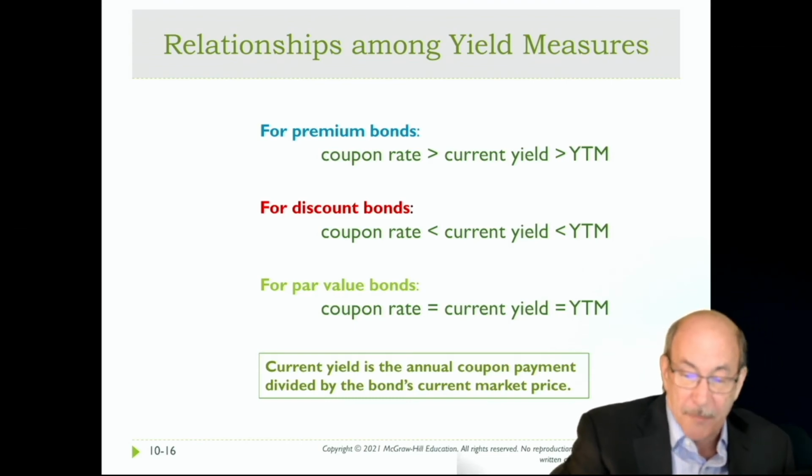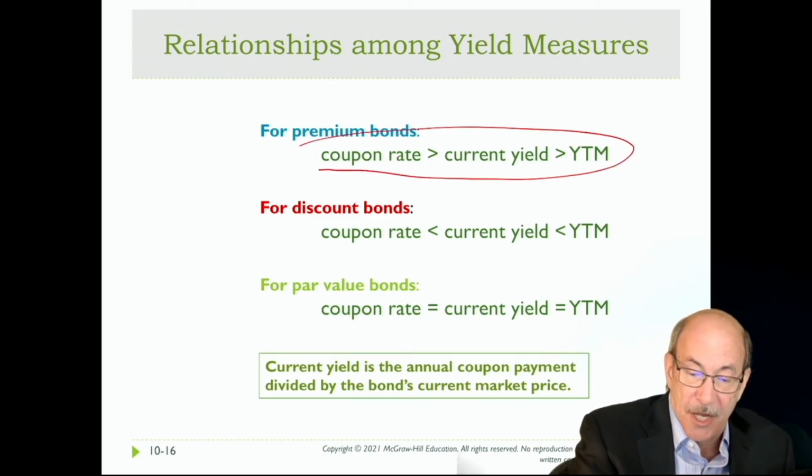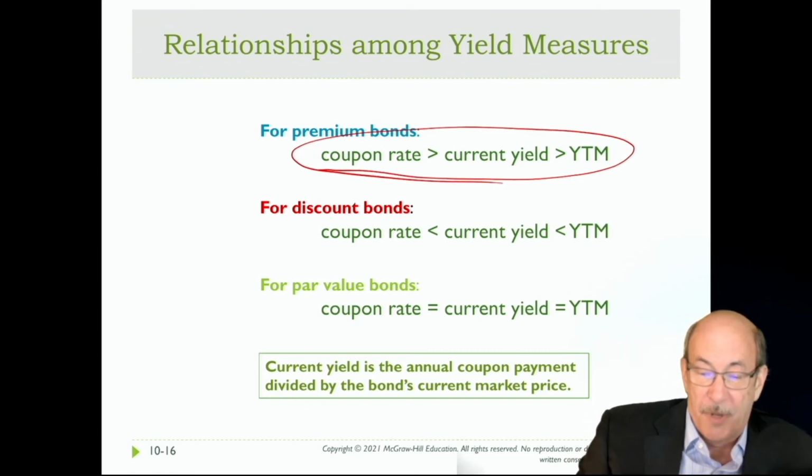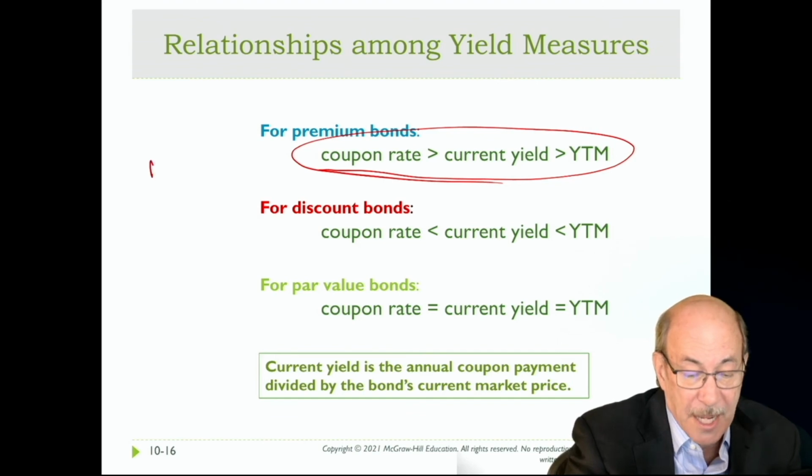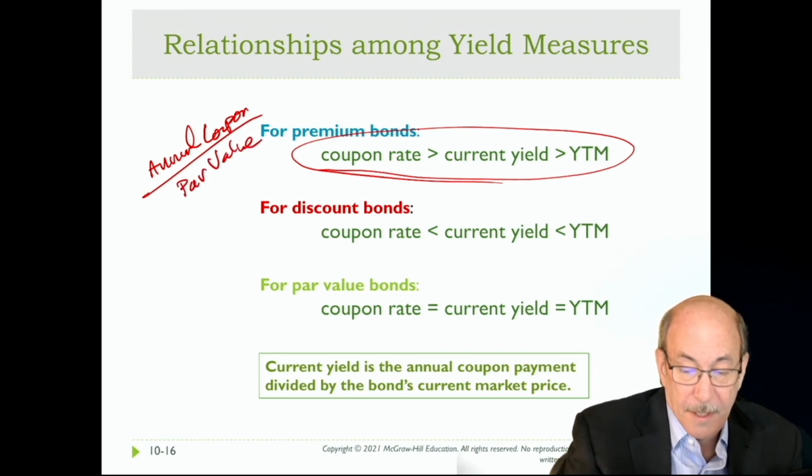When we start thinking about these three measures that we commonly look at with a bond, coupon rate, current yield, and yield to maturity, remember, coupon rate is simply annual coupons over par value or face value. Current yield changes that par value to current price.